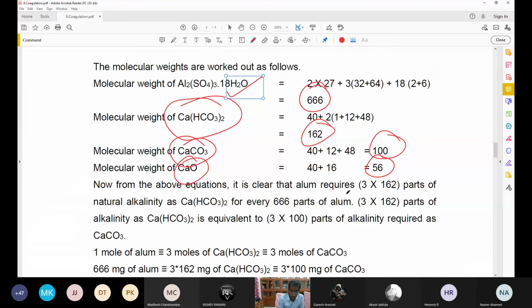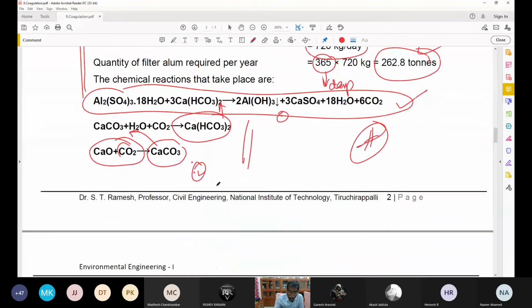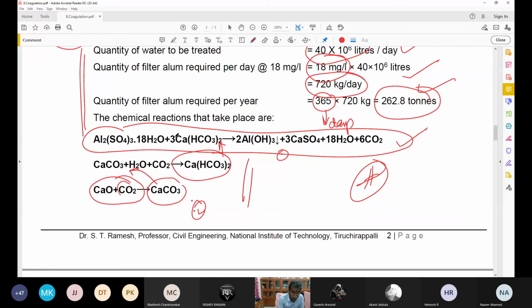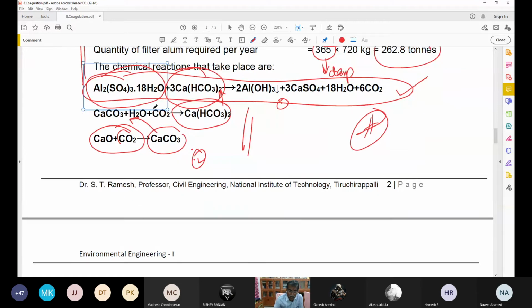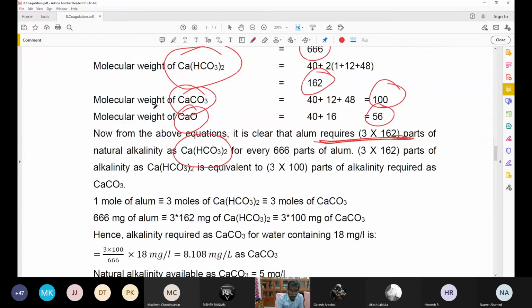Now look into the equation and read the statement. From the above equation, it is clear that alum requires 3 into 162 parts of natural alkalinity as calcium bicarbonate. Look into the equations very clearly. If you want a typical reaction of alum to happen, you may require calcium bicarbonate as 3 equivalents.